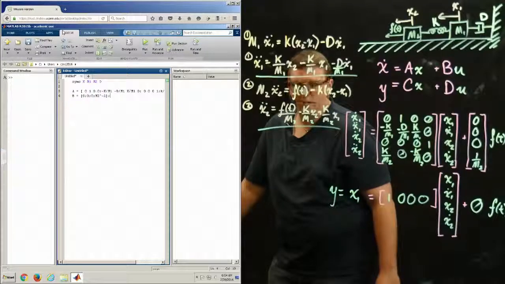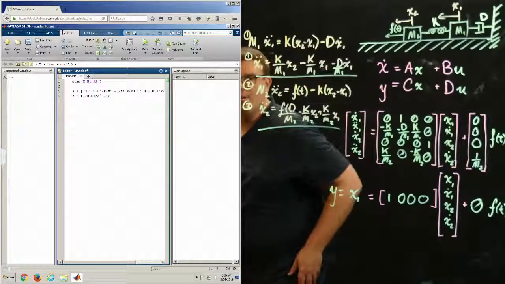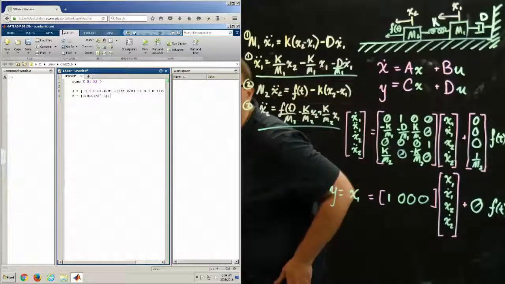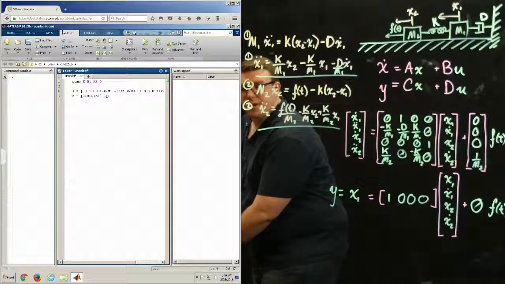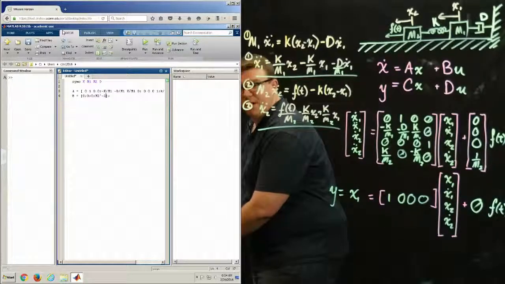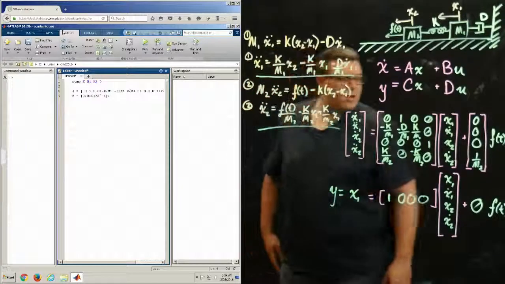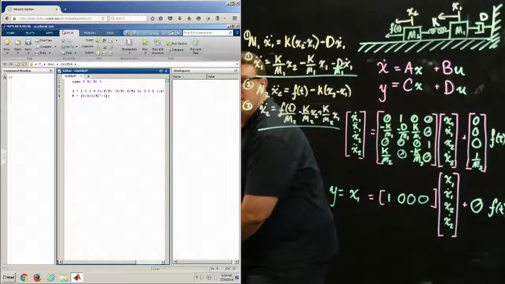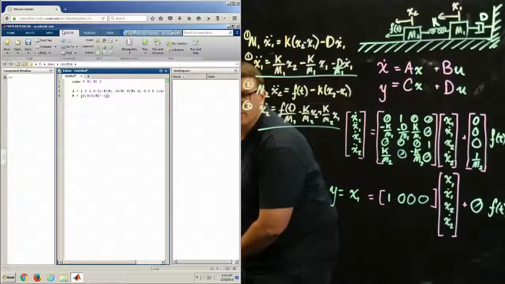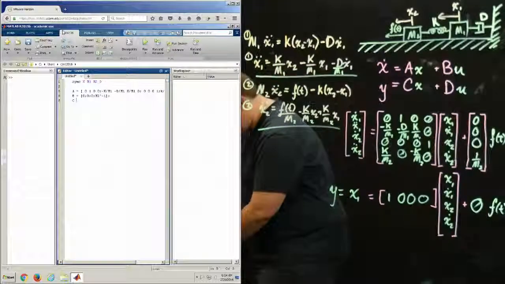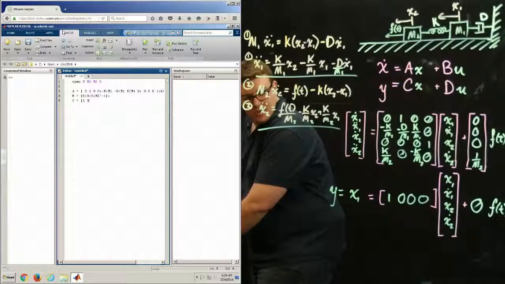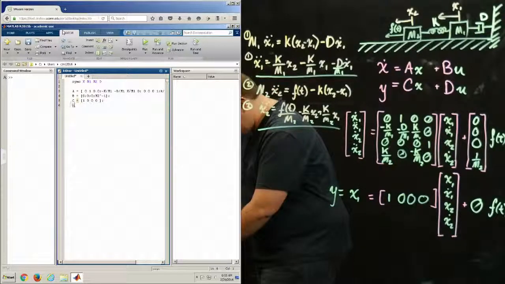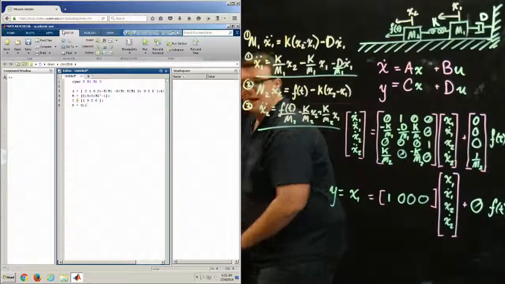Oh, I put it to the negative 2. Okay, that's wrong. It's a little far away today. Then we need to build C and D. Luckily, those are easy enough. C equals 1, 0, 0, 0. And D is just a scalar 0.